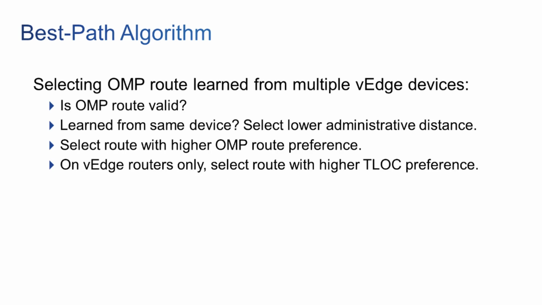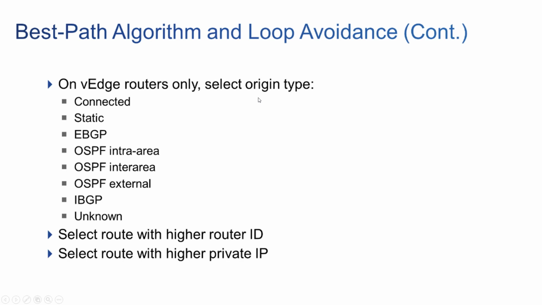So just to review, and I forgot to change the slide, so I apologize for that, but this is exactly what I was just referencing in our discussion here. Connected, static, eBGP, OSPF intra-area, OSPF inter-area, OSPF external, iBGP, unknown, and then we select the route with a higher router ID, and then we select the route with a higher private IP.